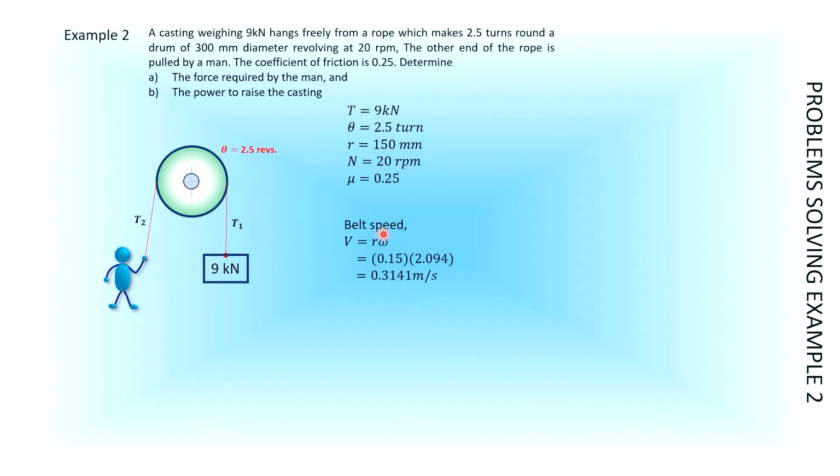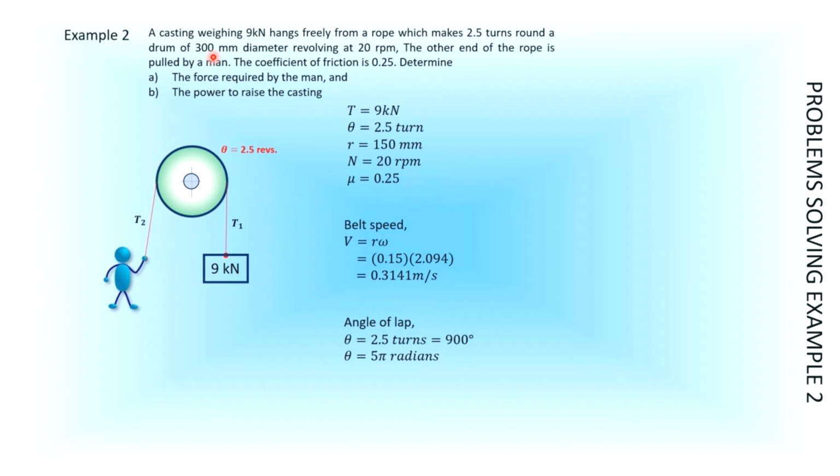First thing we go for is the belt speed, r omega, where r is the radius and omega is the angular speed. The order is mixed up here, so I will show you afterward how you find the omega value. The omega is 2.094 multiplied by the radius of the drum.